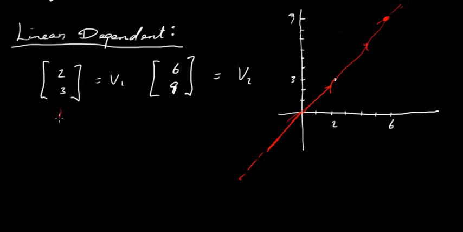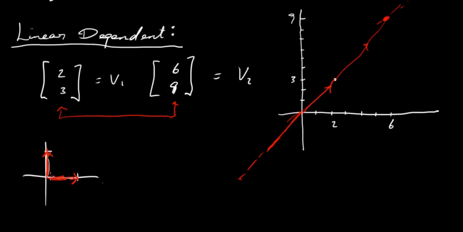These two vectors are said to be linearly dependent, whereas if you take our two vectors that we started with, we had 1, 0, and 0, 1 here, so we had this vector here, and this vector here.